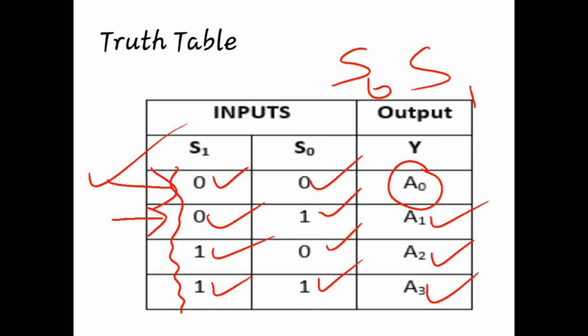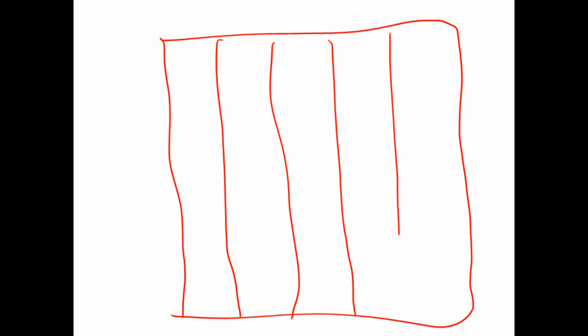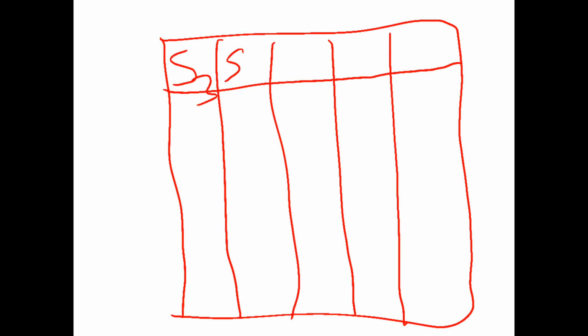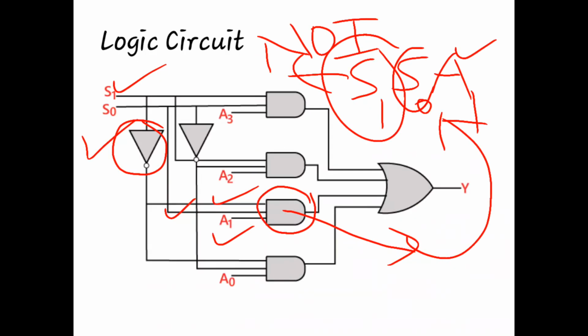So if we include 3 inputs, we will have 8 possibilities. So let me write a few entries here. It is S2, S1 and S0. Clear?